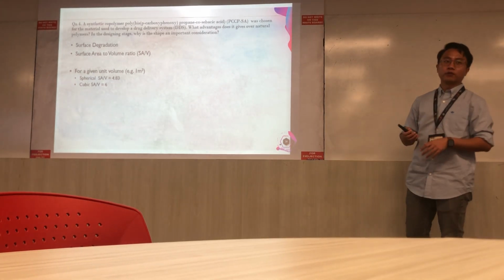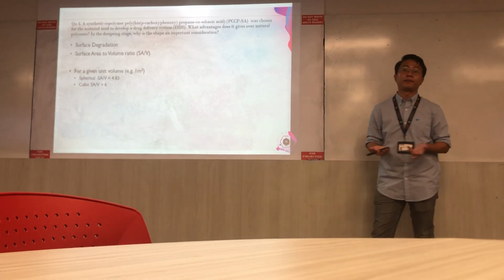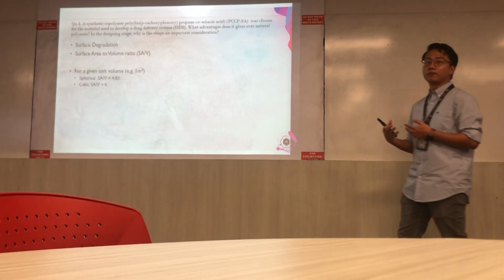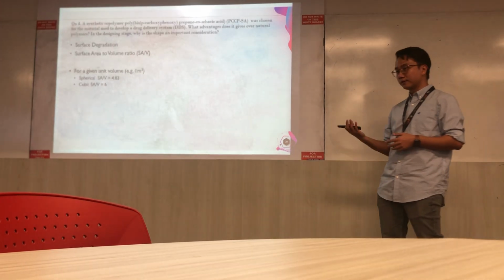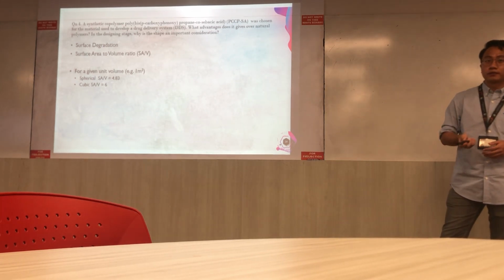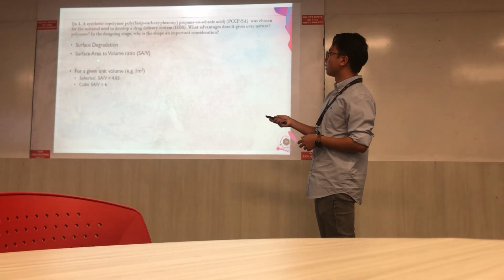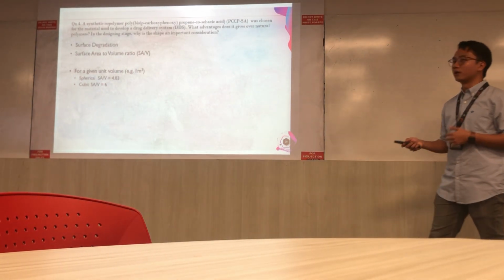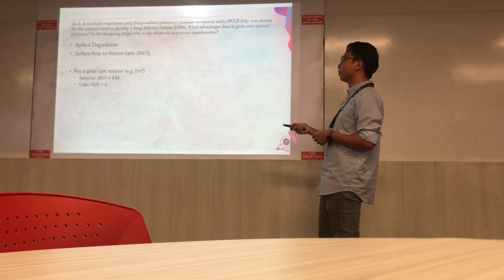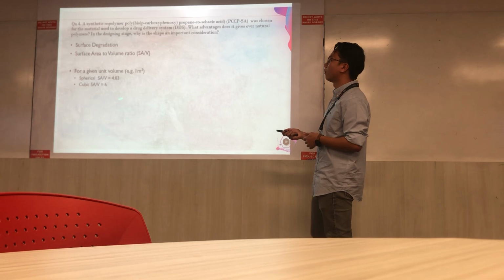In a cube, each side has to be 1 meter, so each face is 1 meter squared. There are 6 sides, so 6 meter squared. The surface area to volume ratio for a cubic shape is 6 divided by 1, which is 6.